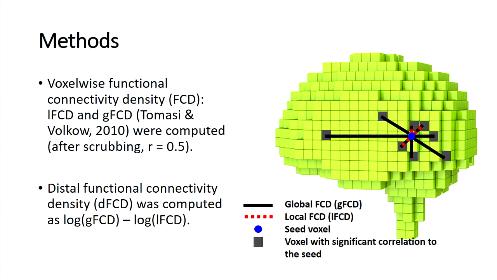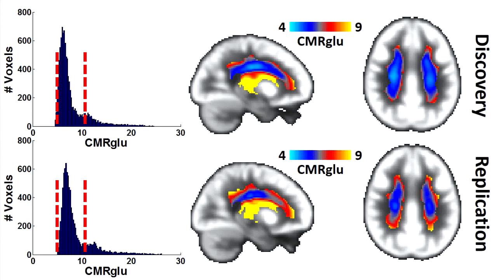So we're basically talking about voxel count, but the global measure is just overall how many voxels are connected to the given seed or given voxel, and the local is just the size of the local cluster, as opposed to the overall number. These two measures are highly correlated, so I look at the distal functional connectivity by dividing the two measures, global over local, and taking a log transform.